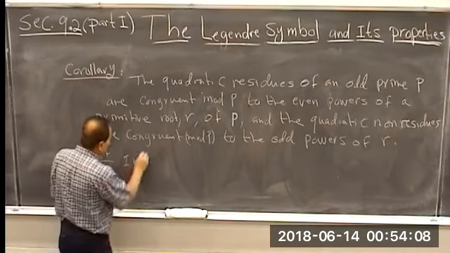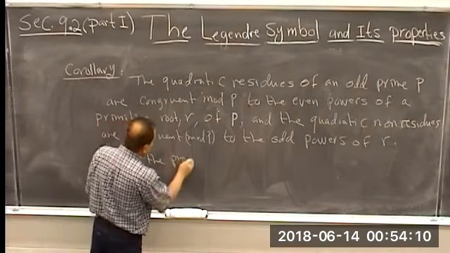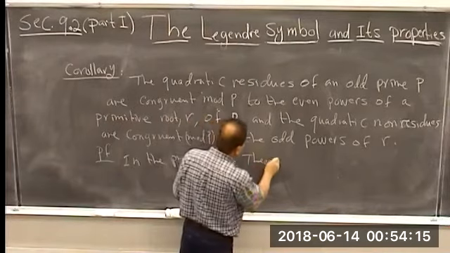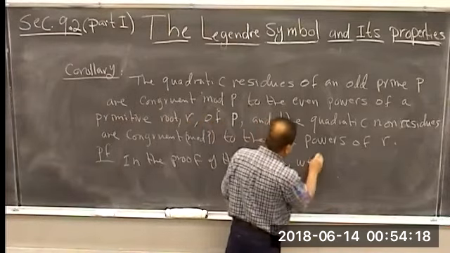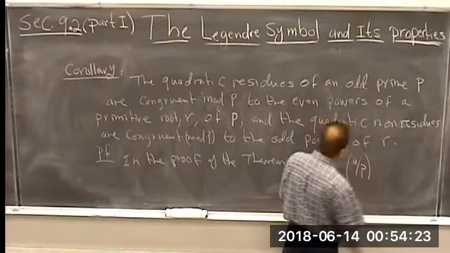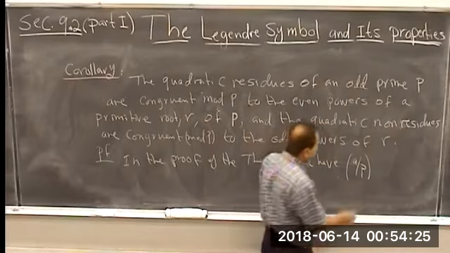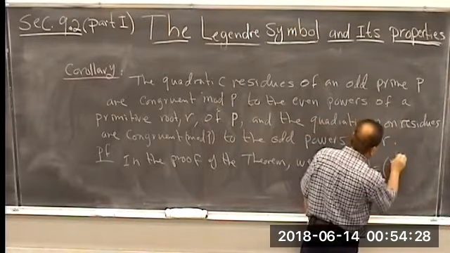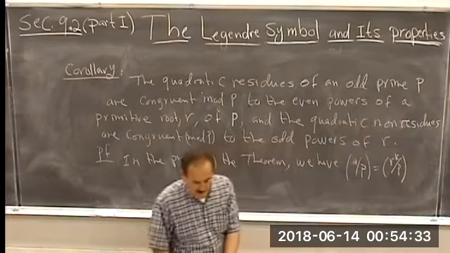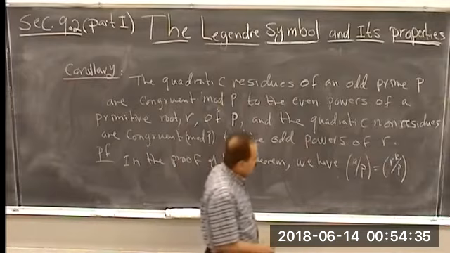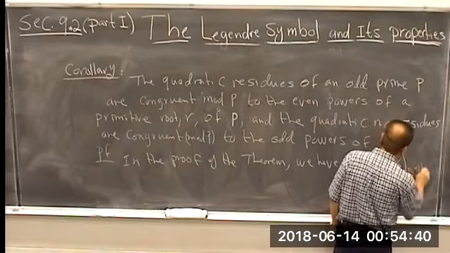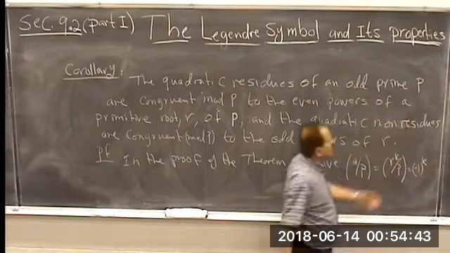In the proof of the theorem, remember we have A over P is equal to R to the K over P, and this is equal to negative 1 to the K. That's what we have shown.